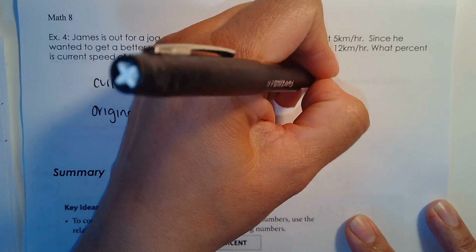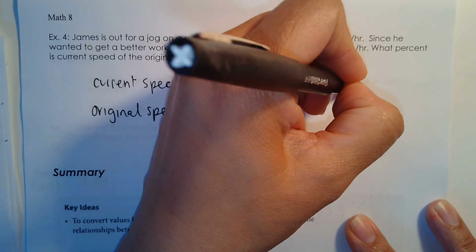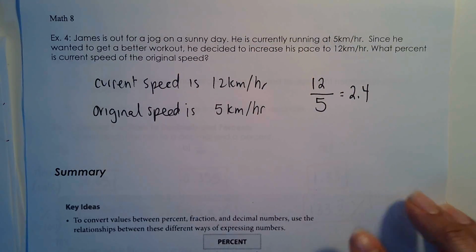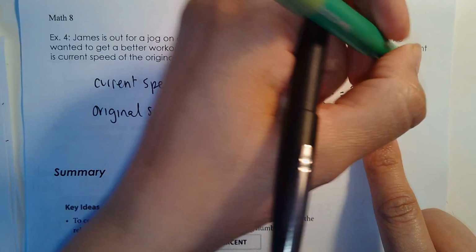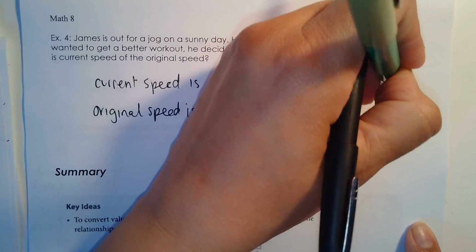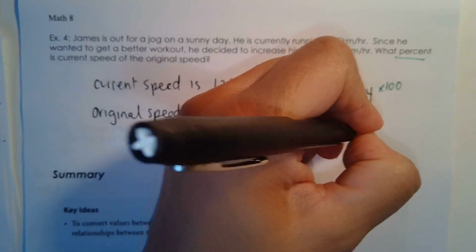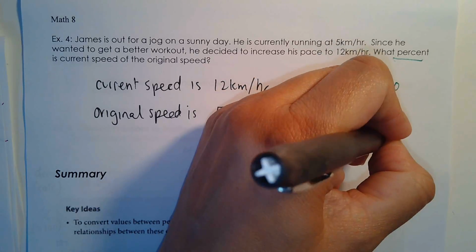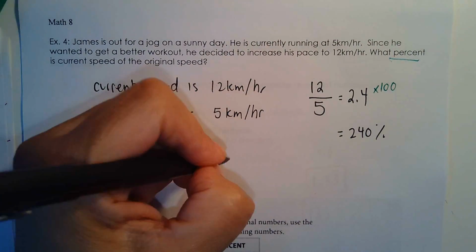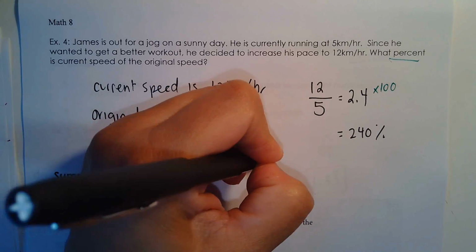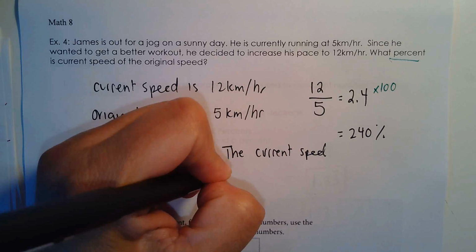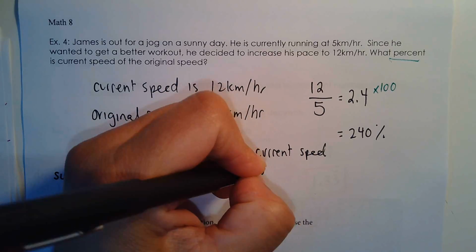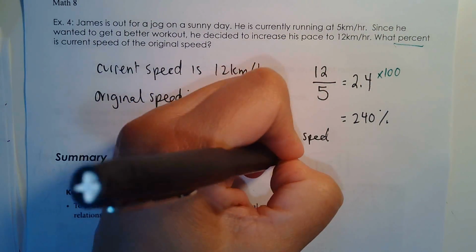So we would set it up as 12 divided by 5, which is 2.4. So there's our decimal. We want to find the percent, so we need to times that by 100 so that we get 240%. So the current speed is 240% of the original speed.